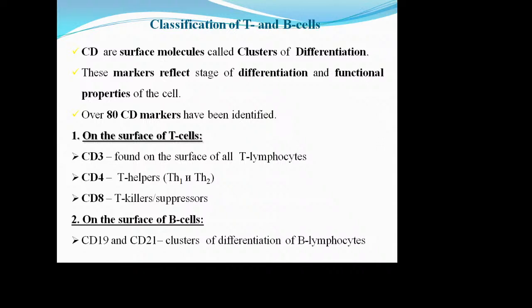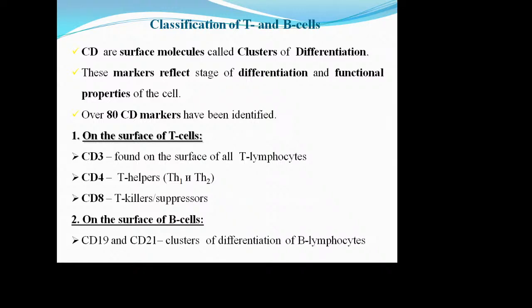T cells and B cells are classified into some groups, and this classification is based on the presence of specific molecules that are called CD, or clusters of differentiation. CD are surface molecules.